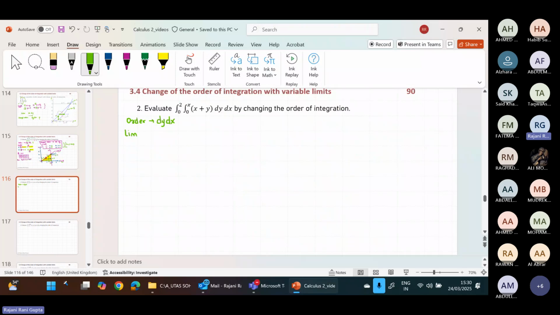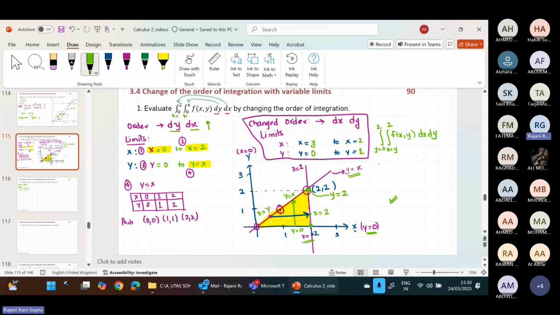Here x varies from 0 to 2 and y varies from 0 to x. To change the order of integration, you have to find the limits for x in terms of y.